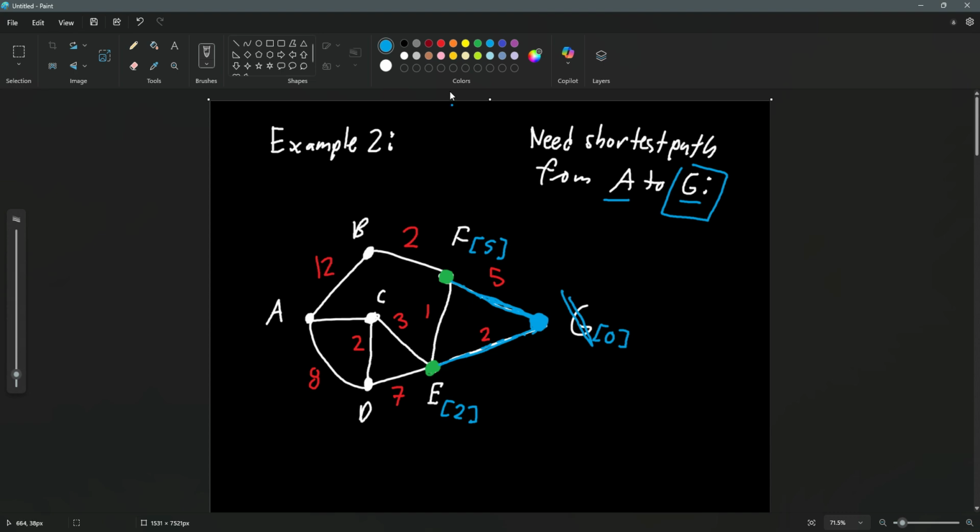So now we have to talk about one of these green guys, the vertices that we were just talking about, E and F. The one we're going to talk about first, always, is the one with the smallest value, the smallest number in here. So what do we have? F has 5, E has 2. So the one we're going to talk about is E. We're going to talk about this guy first.